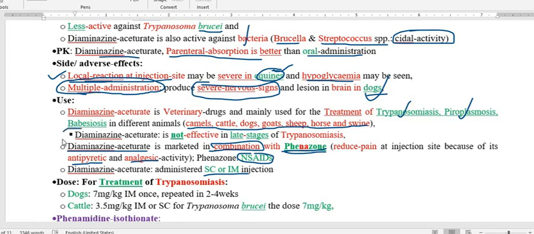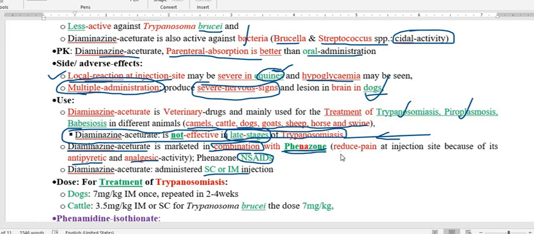Not cat, dog, goats, sheep, horse, and swine. And interestingly, earlier we have not mentioned this point. Here I have to mention this diaminogen aceturate is not effective against trypanosomiasis in the late stage.